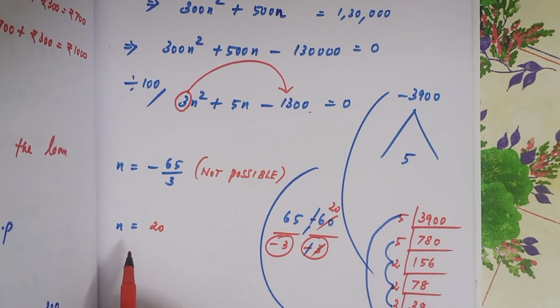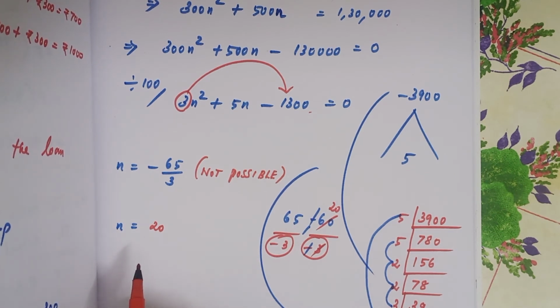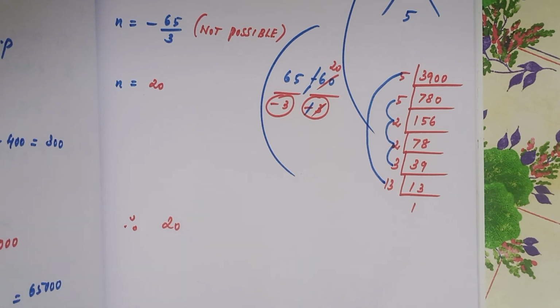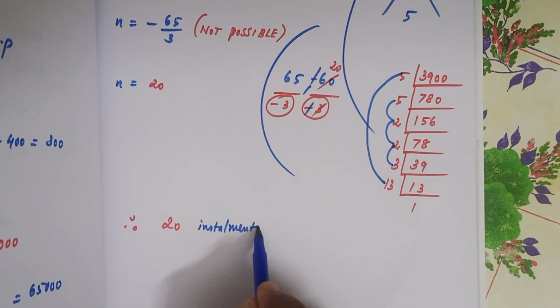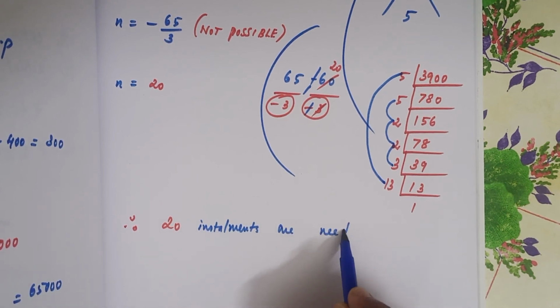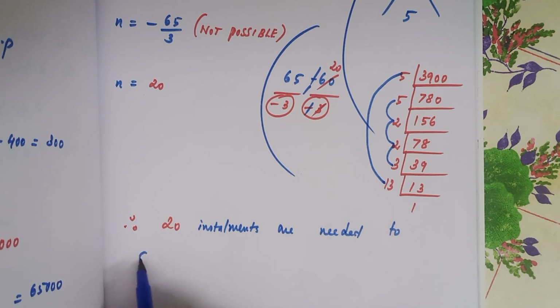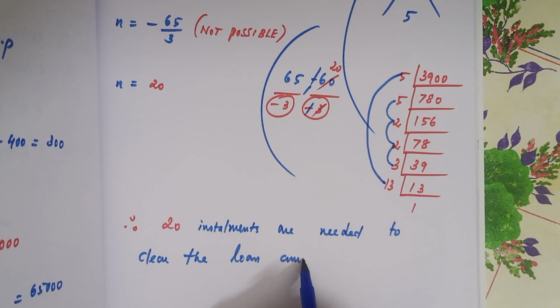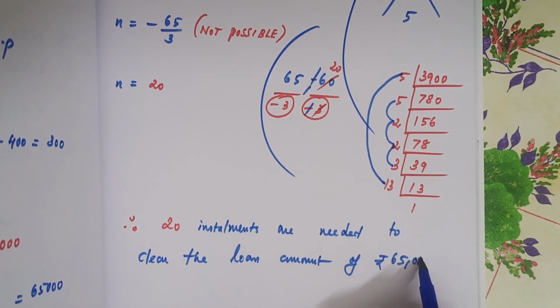Therefore, 20 installments are needed to clear the loan amount of 65,000 rupees.